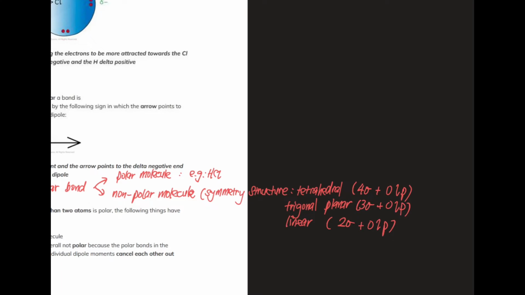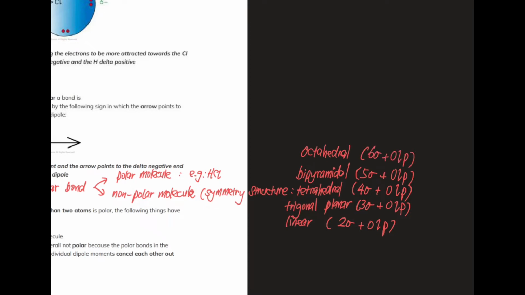There are also the trigonal bipyramidal, the 5 sigma bonds with 0 lone pairs, and the octahedral, the 6 sigma bonds with 0 lone pairs.